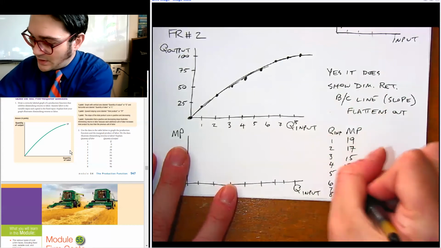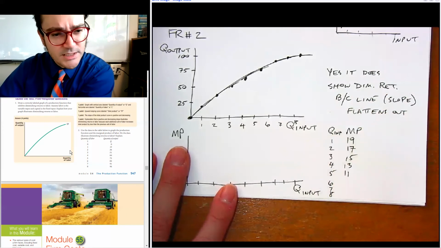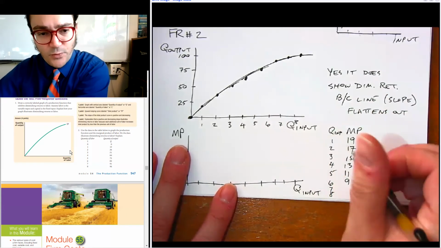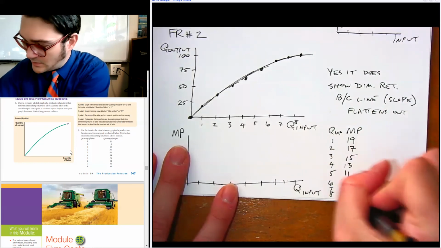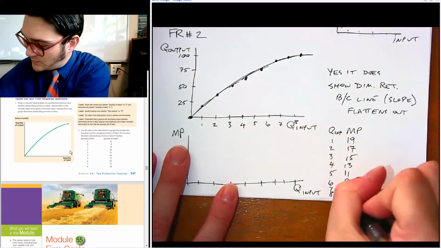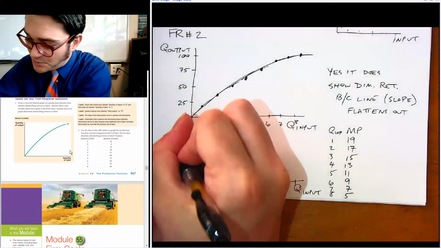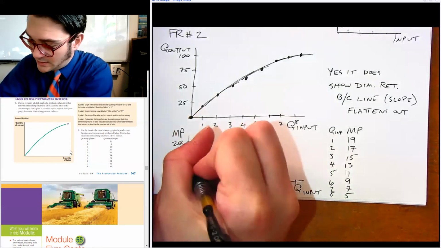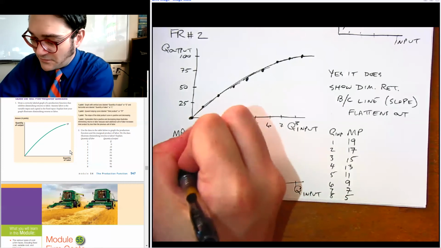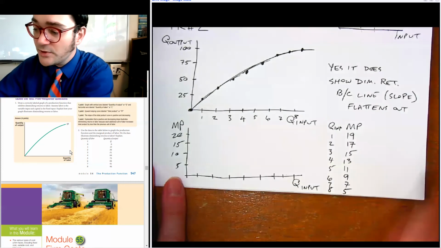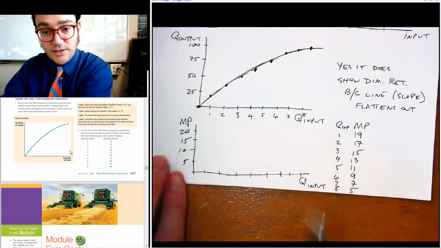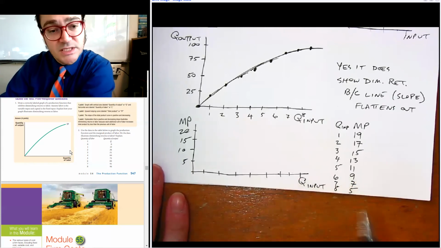And 11. And 84 minus 75 is 9. 91 minus 84 is 7. And 96 minus 91 is 5. So the most here is going to be 20, 10, 5, 15. We're going to see the marginal product curve as we build this, and you'll be able to see the diminishing returns.